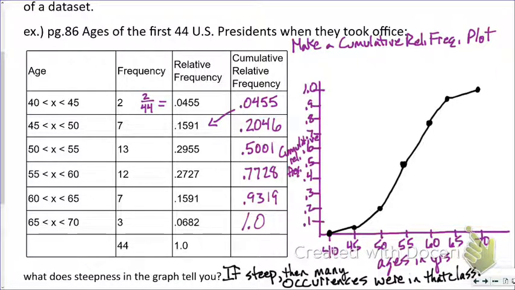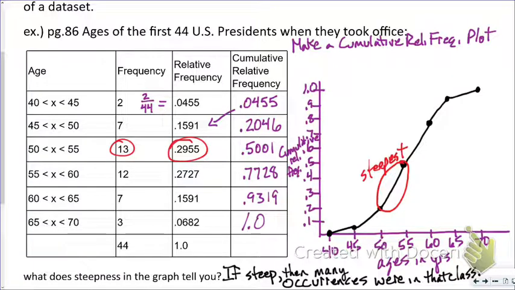All right. So just looking at the plot, not looking at my table, I bet this is our steepest segment. And then I cheat and look over at my table, 50 to 55, and sure enough, that is my largest relative frequency. So that one had the most occurrences, 13. You're doing this by hand, so sometimes you might be off, but in that one, I did all right.